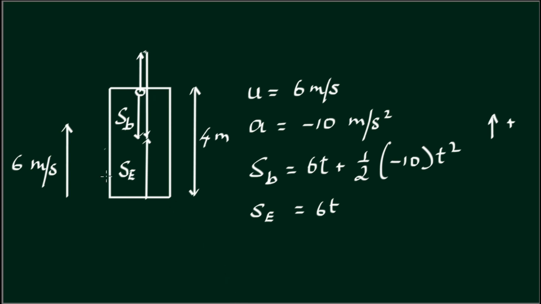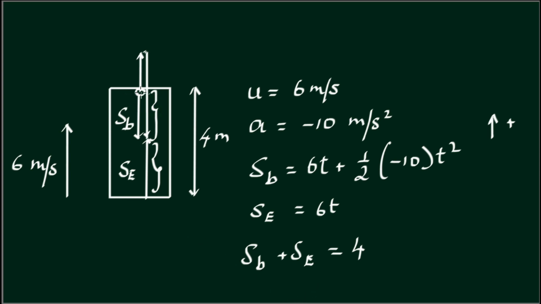Now, if you look at this drawing, the drawing tells you what equation to write. The drawing tells you that this distance plus this distance is 4 meters. So you might be tempted to write displacement of the bulb plus the displacement of the elevator is equal to 4. You'd be making a big mistake here.